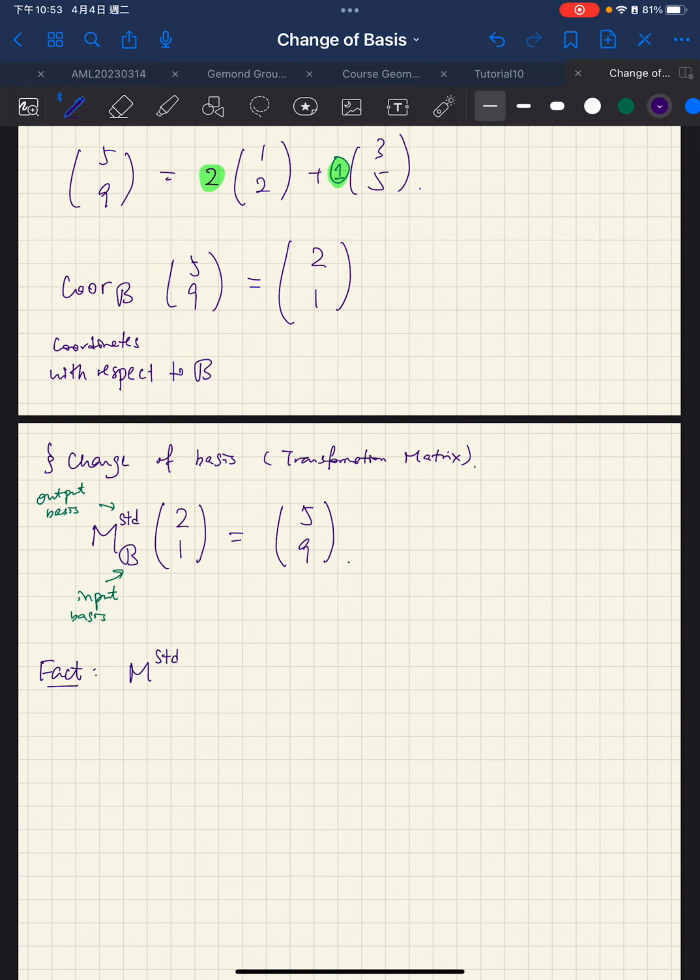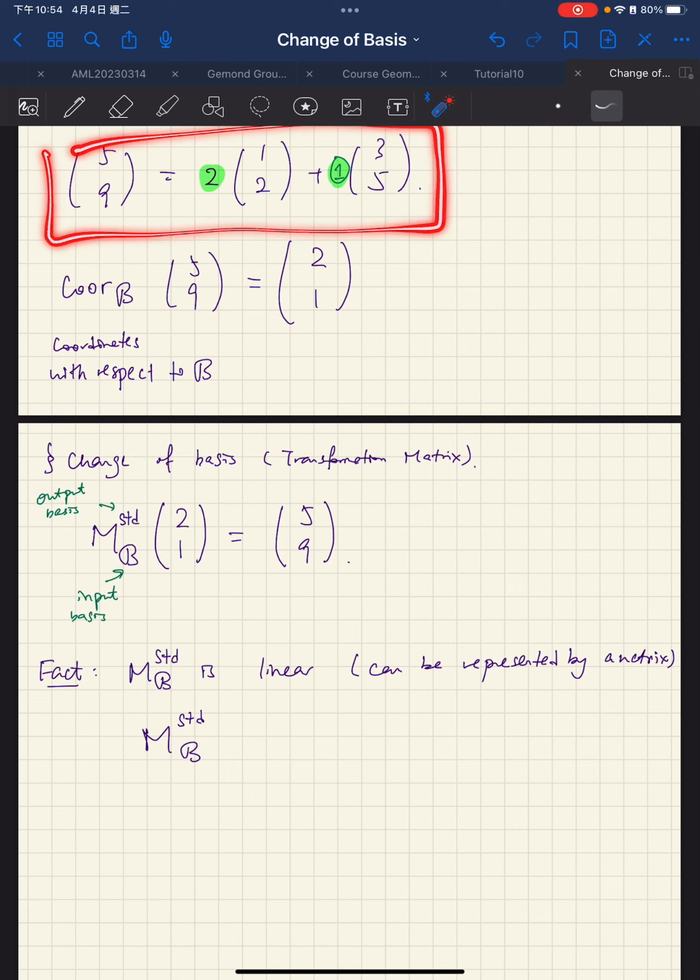M STD B is actually linear, or it can be represented by a matrix. If you really follow me through, then you can see that it's quite easy. Why? Because this thing is actually this, right?